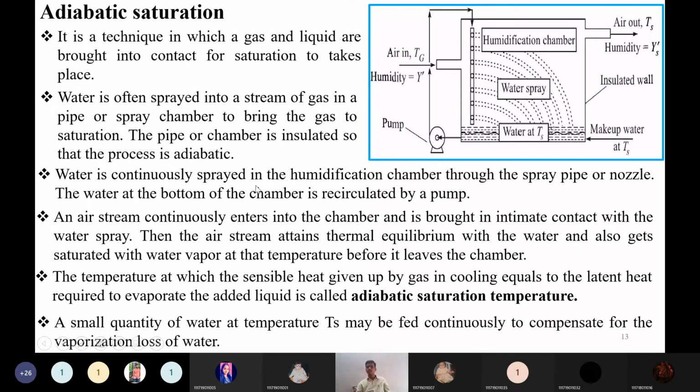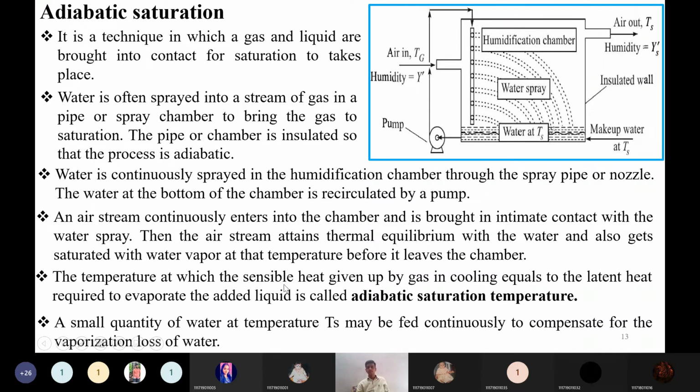So water is continuously sprayed in the humidification chamber through the spray pipe or nozzle. The water at the bottom of the chamber is recirculated by a pump. So like this, it will be recirculated by using the pump. Then an air stream continuously enters the chamber and is brought into intimate contact with the water spray. Then the air stream attains thermal equilibrium with the water and also gets saturated with water vapor at that temperature before it leaves the chamber at Ts temperature.